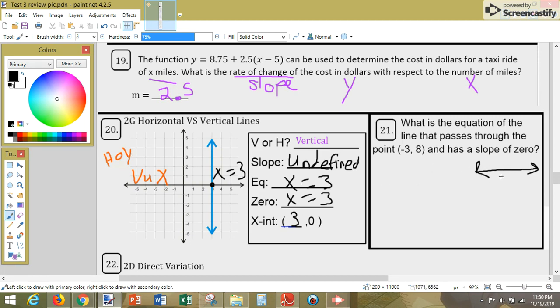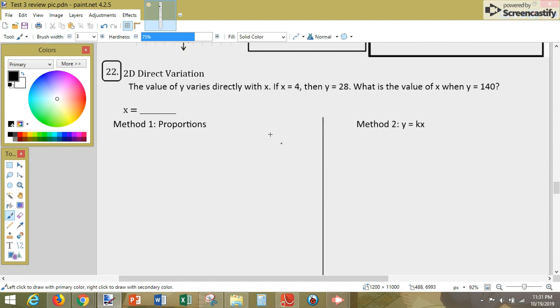So since we have a horizontal line, we have our y. So our answer is y equals 8. And that's our equation. It also means that our range is 8.